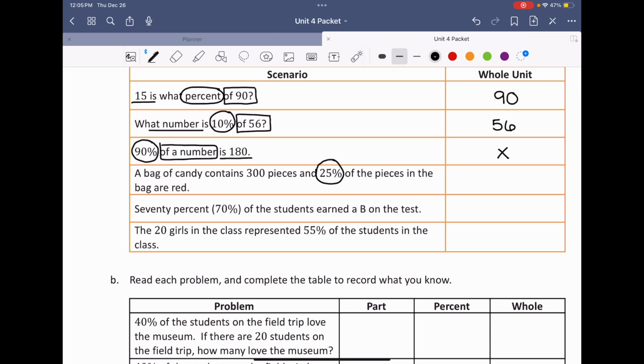And our part is always a very specific piece of our whole. So if we're looking at a bag of candy that contains a total of 300 pieces, that would be our whole, all the pieces of candy. And then specifically, the part that they're asking about is how many pieces are red. So the pieces that are red is the part, 25% is the percent, and this 300 would be our whole.